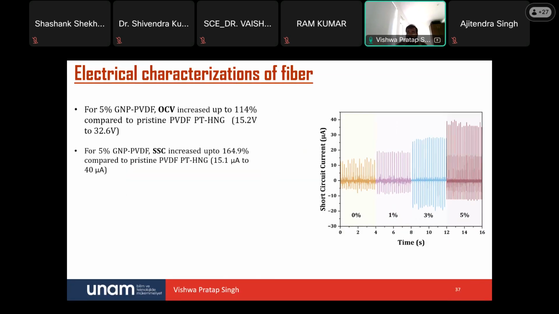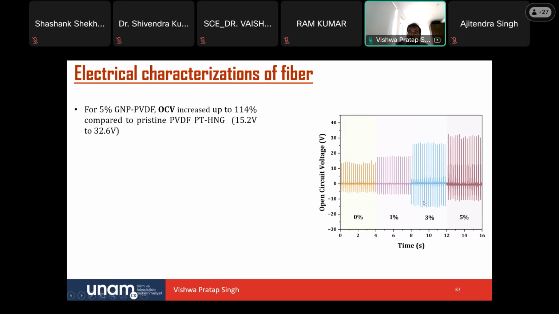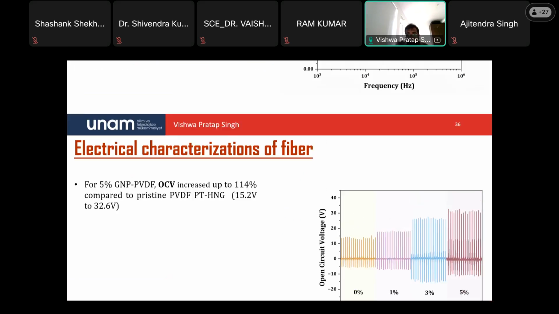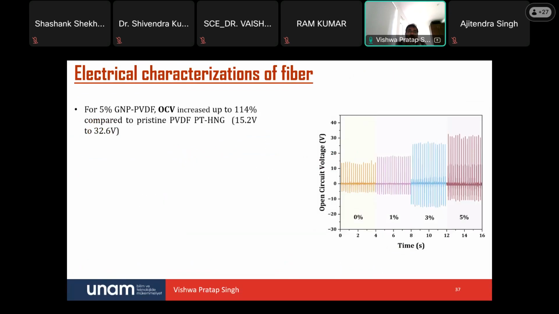And again, we measured the voltage and short circuit current. You can see the voltage and the short circuit current have increased in this case. What we came to know is that the voltage in this particular case is 32.6 volt.